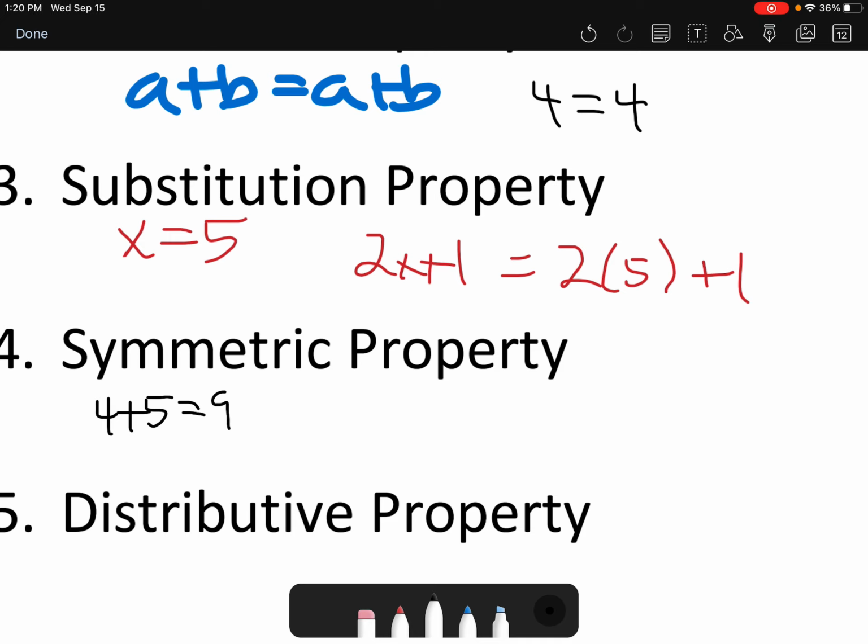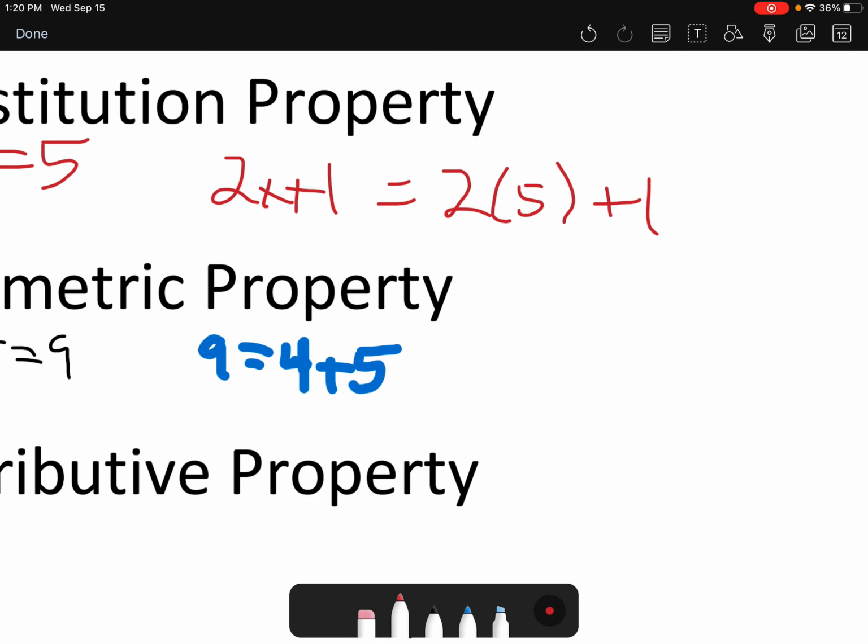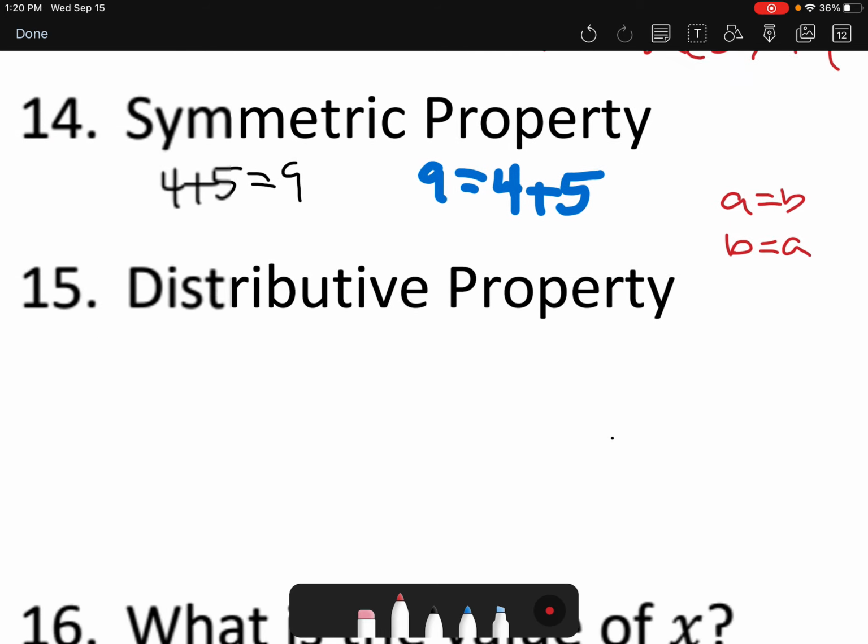Well, you could also say 9 equals 4 plus 5. And that is still true. The symmetric property is a property of equality, and that tells us if A equals B, you could say B equals A, and that's still the same statement. It doesn't change anything.